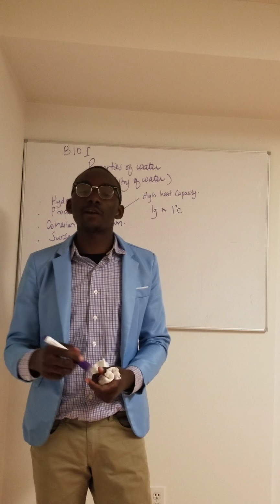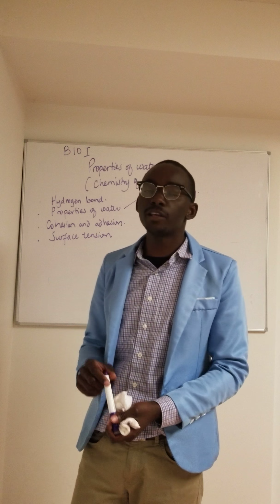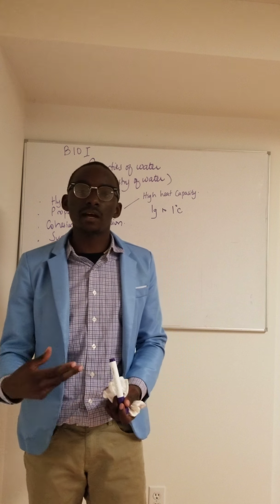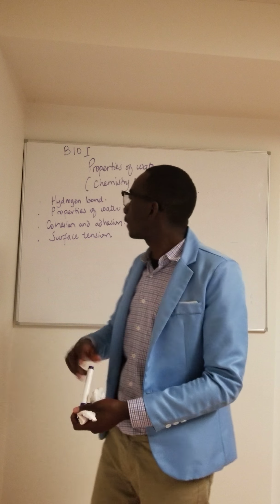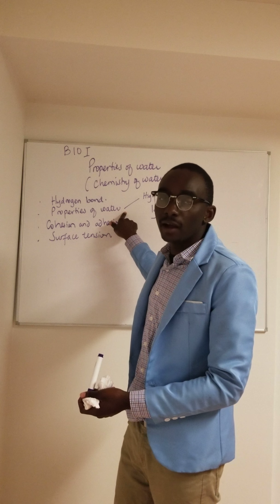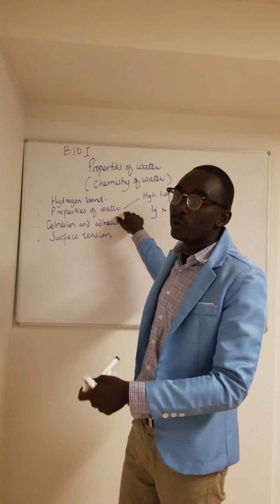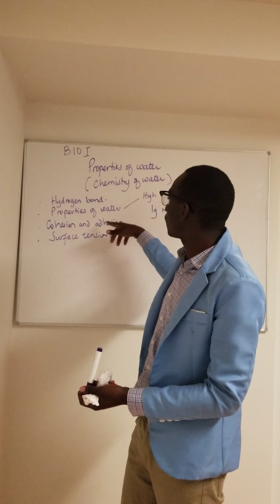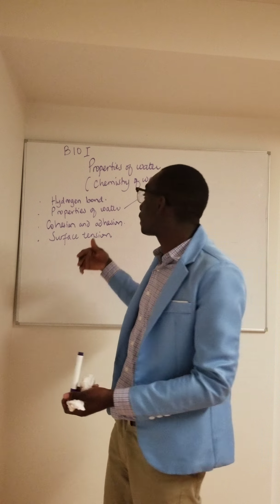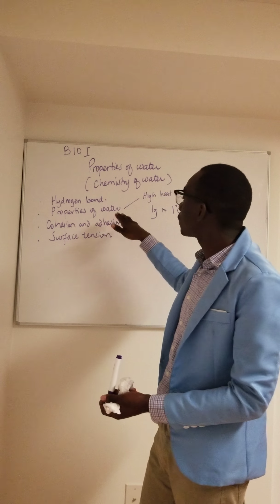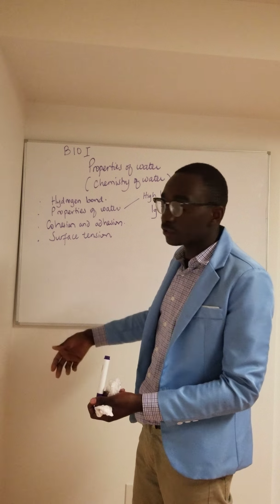we have a lot of changing environments in our bodies. We have temperatures. That's why we have to keep our temperatures constant. If we didn't have water in our body, we would dry up and die, because water plays a very important role in regulating our body temperatures and our internal body systems.